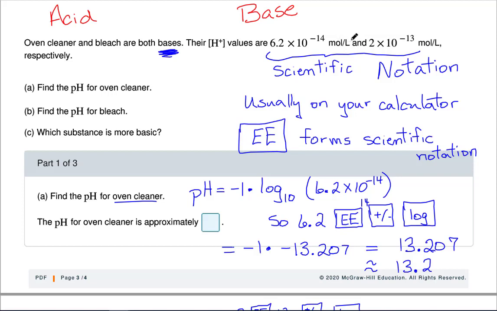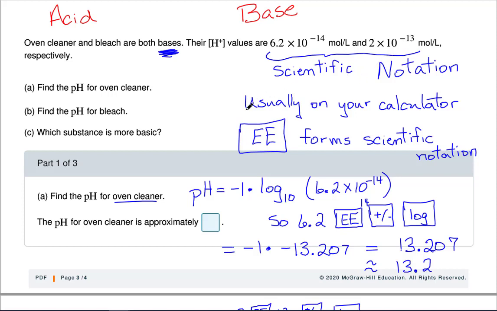Those of you taking chemistry later will know what a mole actually is. It's not a little animal that lives in the ground. It's something different. And it's written in scientific notation. So 6.2 times 10 to the minus 14th and 2 times 10 to the minus 13th.